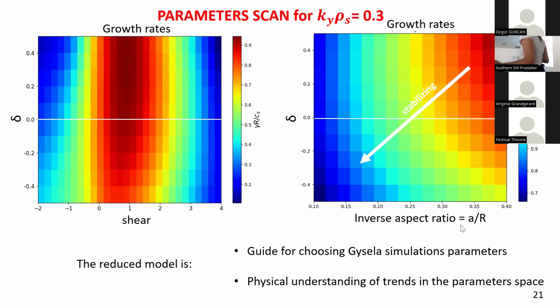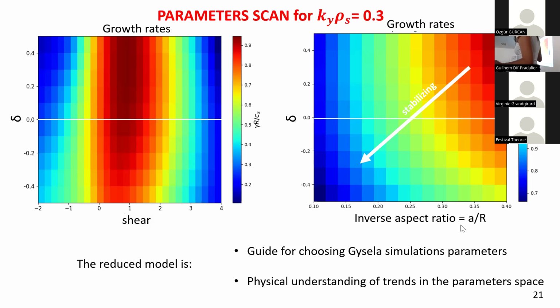So the reduced model is useful, and the important thing is that we can explain all those trends because we can switch on and off the key physical parameters and see whether it is these parameters or the other ones which give the trends.